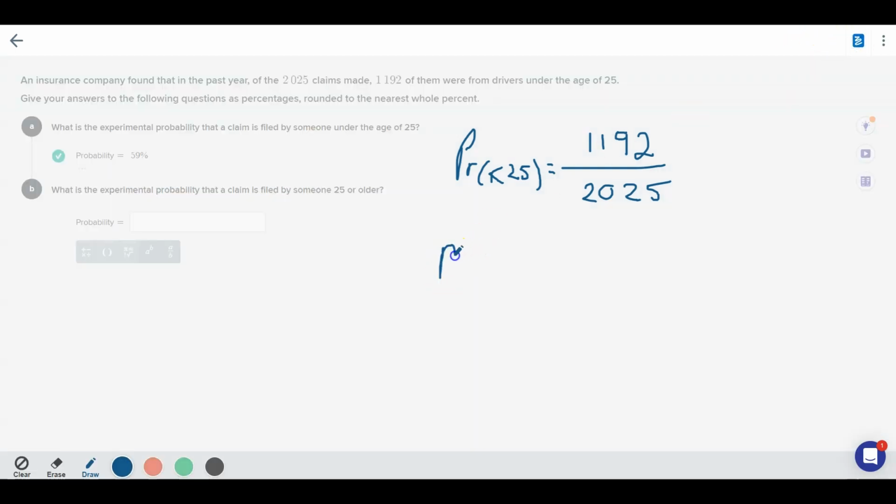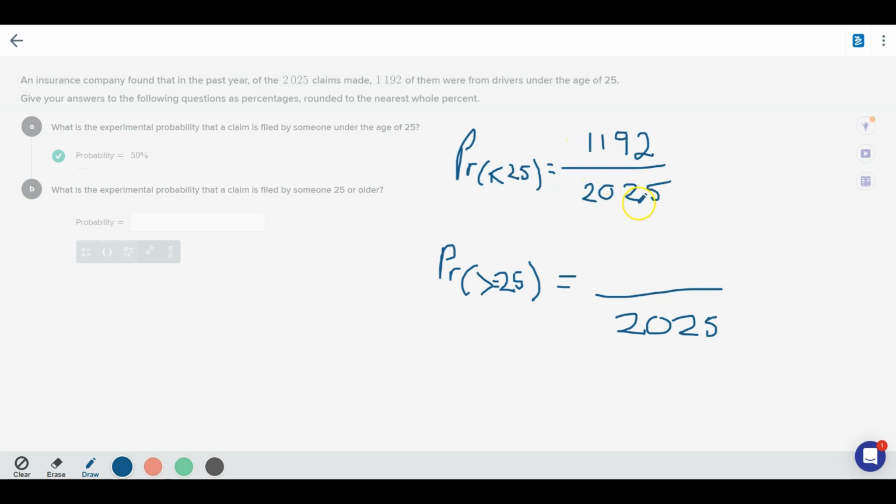So the probability, okay, of greater than 25, or actually should technically be greater than or equal to 25, right, is going to be, now still going to be over 2025 because the total hasn't changed, but we need to work out what this number at the top is. We know what the under 25s are.